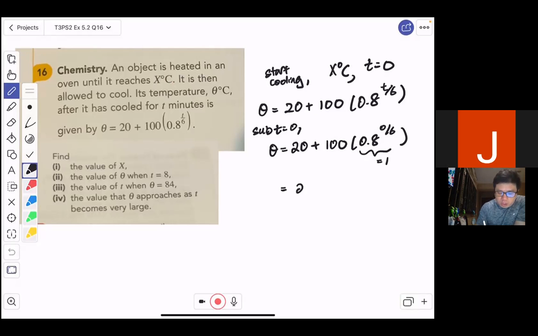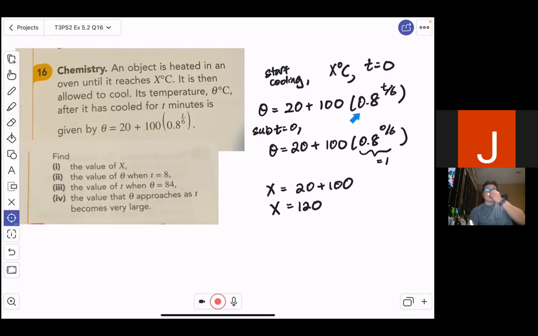So this will be 20 plus 100, which gives us 120.